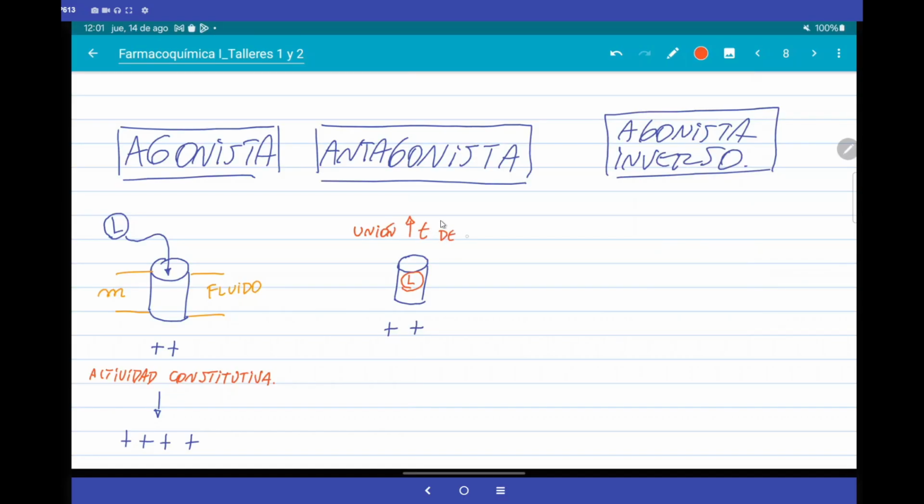It is no longer an absolute law, but it tends to be like this: antagonists have many strong intermolecular interactions, for example the hydrogen bond, which is the most common. But when the antagonist joins and blocks, the constitutive activity is not blocked. The constitutive activity of the receptor remains.